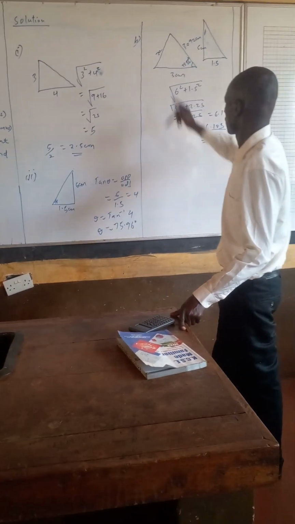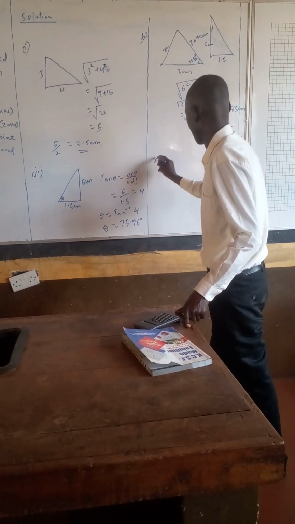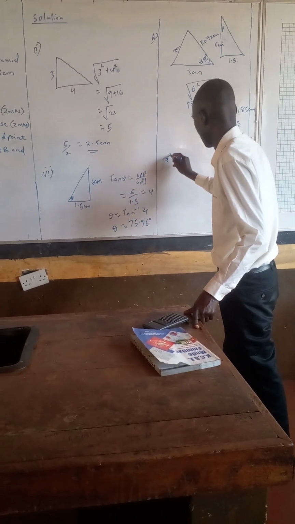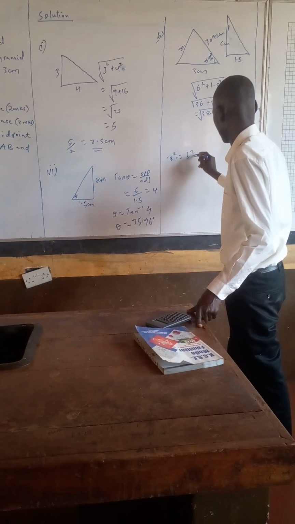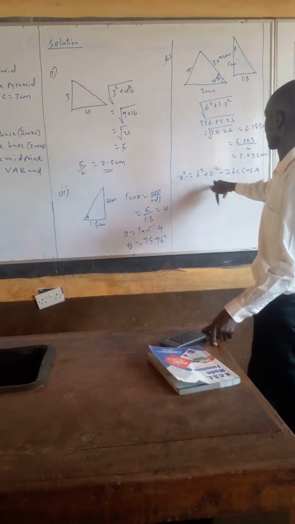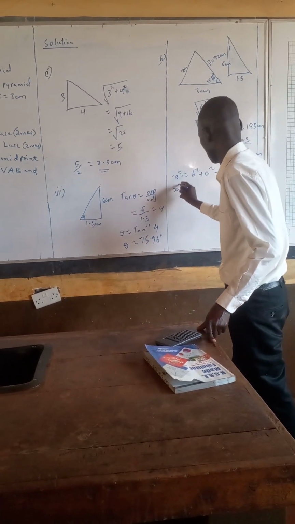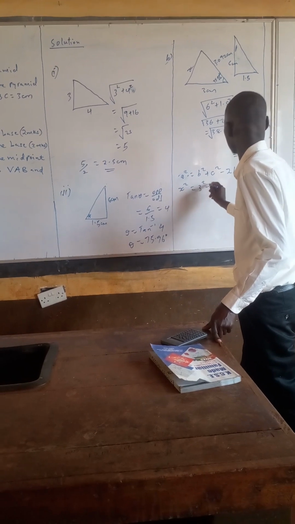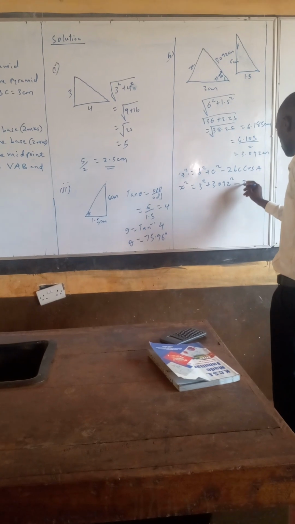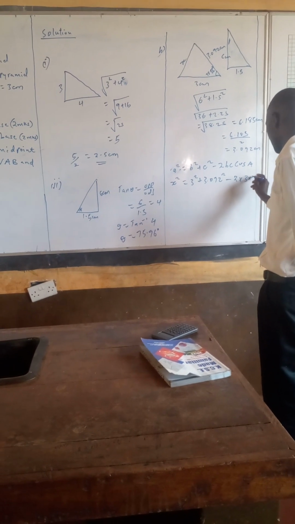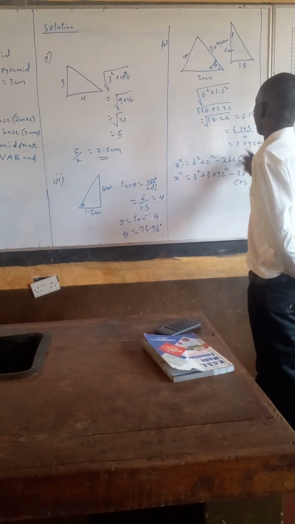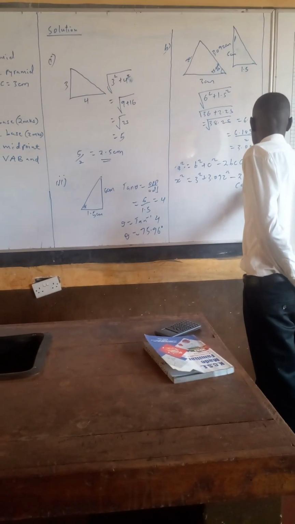So we shall say now x squared will be equal to, the cosine rule states that a squared is equal to b squared plus c squared minus 2bc cos A. So we apply the same rule in that one, so that x squared is equal to 3 squared plus 3.092 squared minus 2 multiplied by 3 multiplied by 3.092 cos A, which is now 75.96.